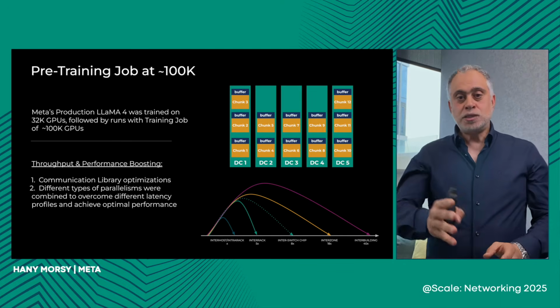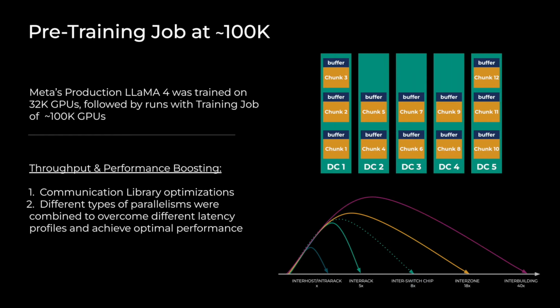So in the drawing on the top here, we see a rough concept of the GPU chunks that make up the 100K capacity distributed across the 5 buildings, with a small amount of GPU buffer to help keep the job going in case of failures. The drawing at the bottom shows the estimated latency between different pairs of GPUs in the region in units of microseconds.